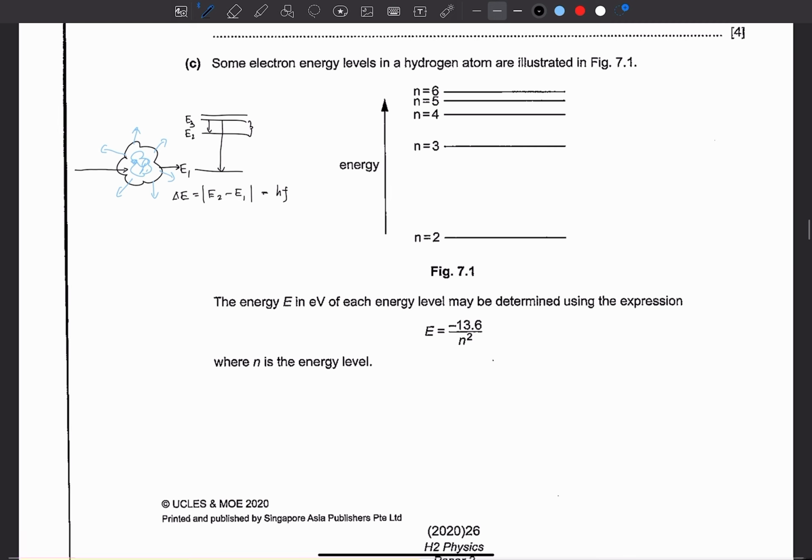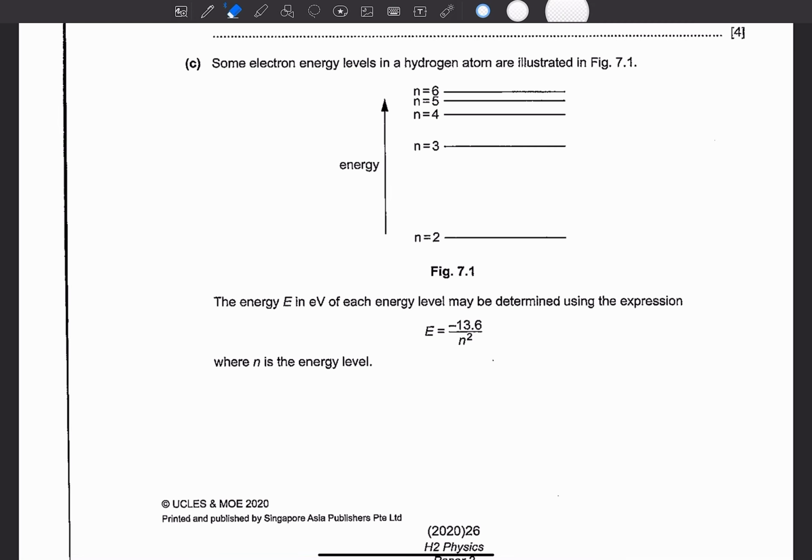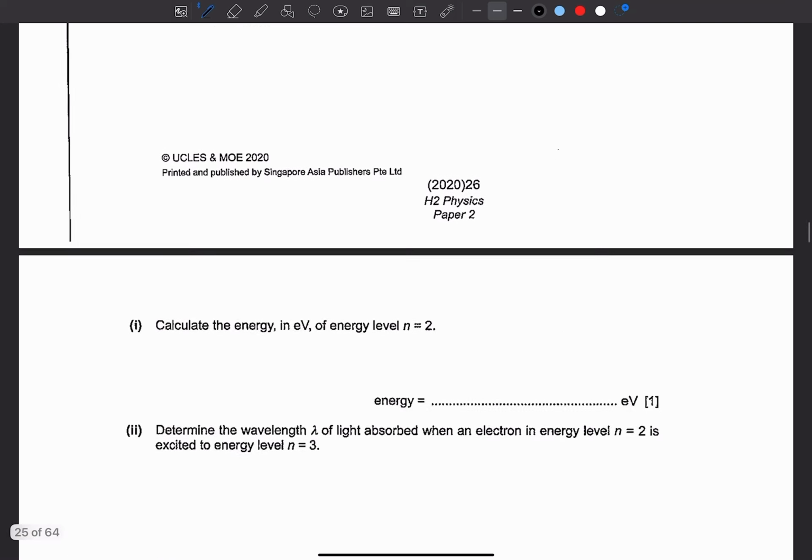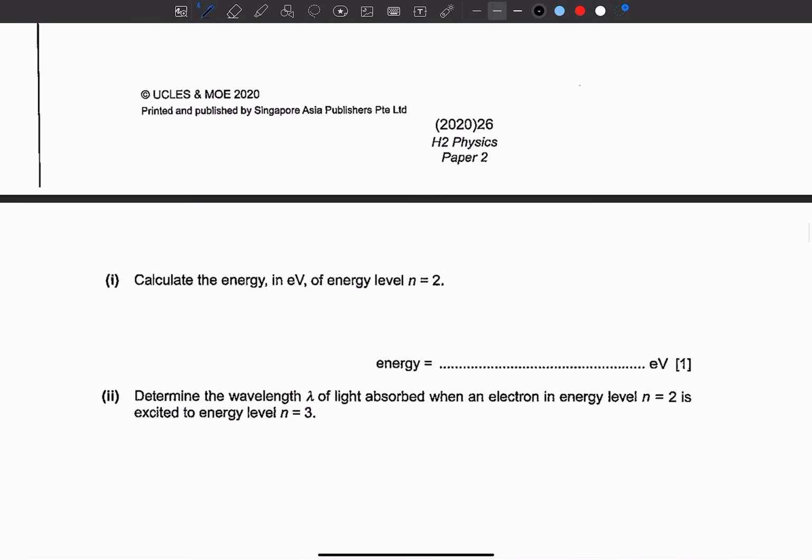Okay. Next. Some electron energy levels in a hydrogen atom are illustrated as this energy level given an expression. Calculate the energy in eV of energy level 2.